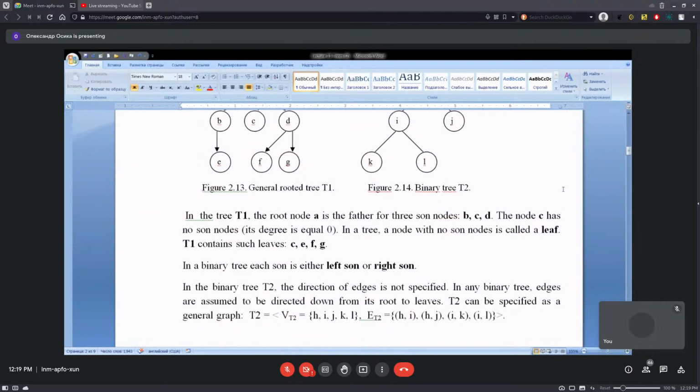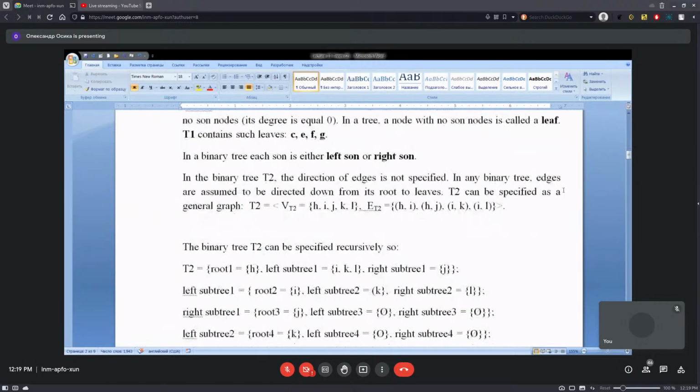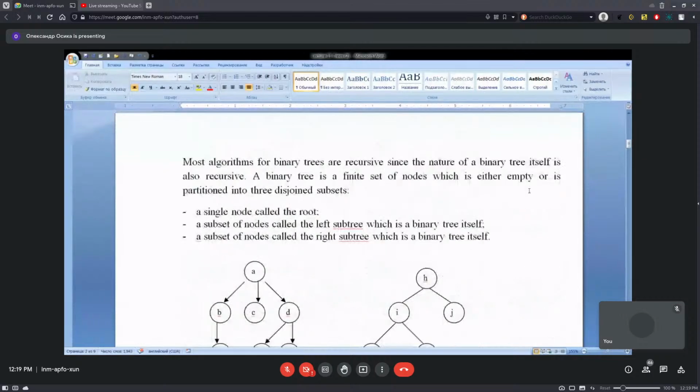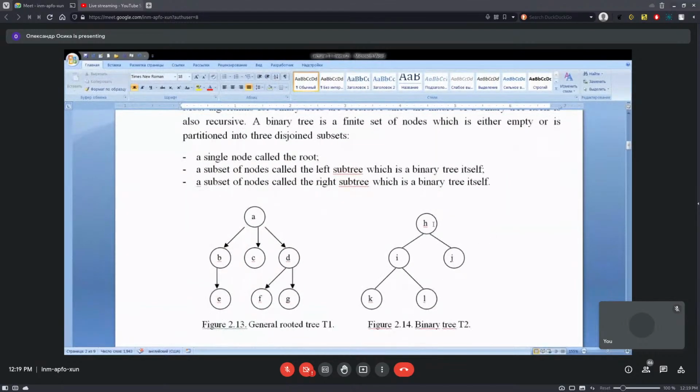Okay, but now I gave you here a recursive definition of a binary tree. Now, look, here we have how many? 5 vertices. These vertices are partitioned or divided into 3 subsets. One subset, H, which is a root.